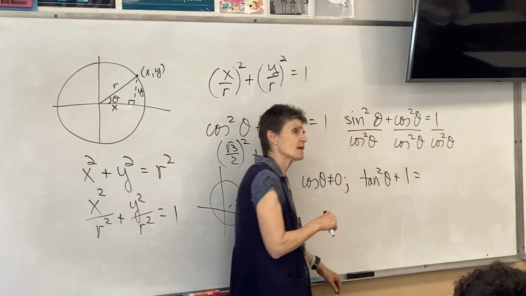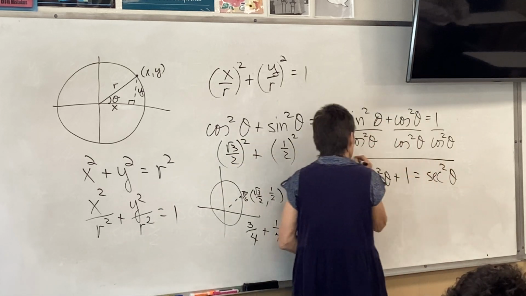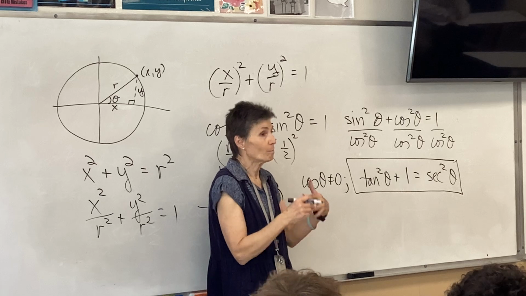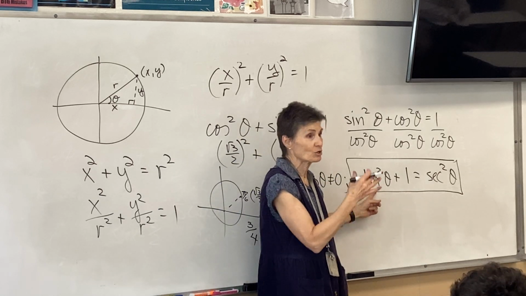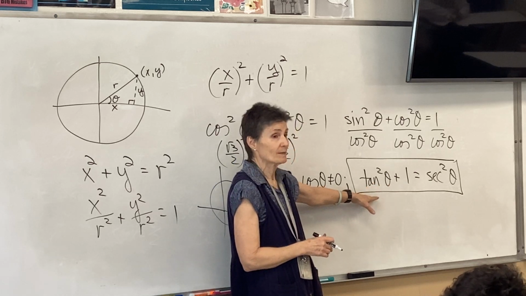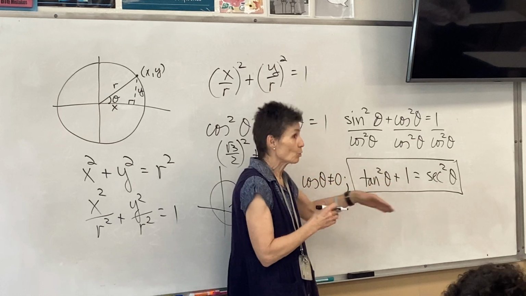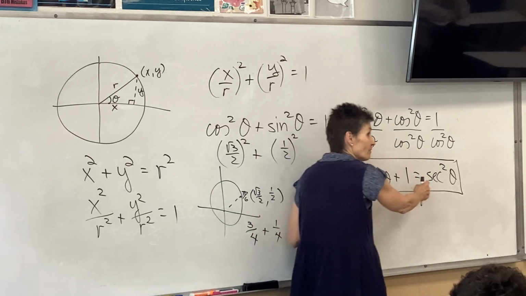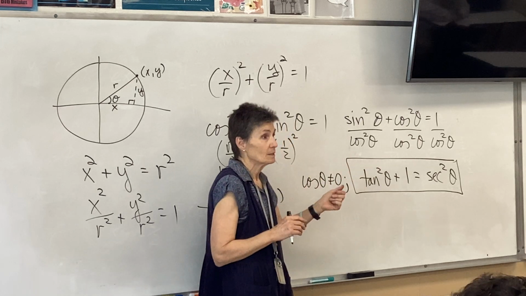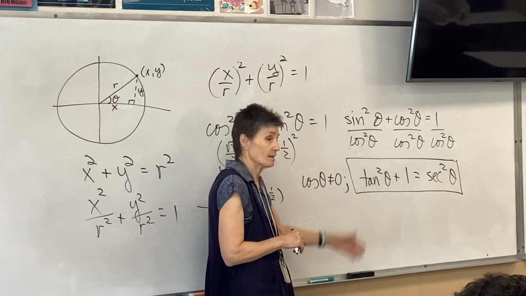What's 1 over cosine squared? Secant squared. So this only exists when cosine isn't 0, but that makes perfectly good sense because tangent, sine over cosine, isn't going to exist anyway. So this is another one of your Pythagorean identities. 1 plus tangent squared is secant squared. And of course, we understand that these can be undefined, and therefore it won't work. This identity won't work if you're at pi over 2, for example, because there's no tangent or secant at pi over 2.